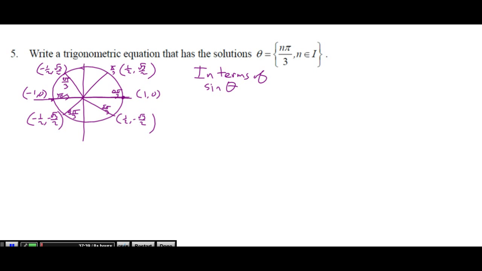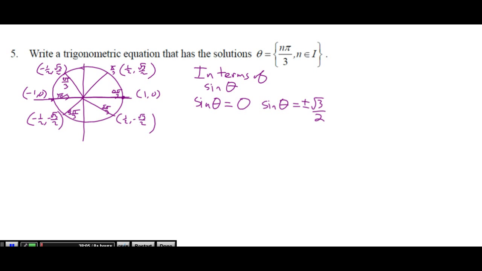We know that sine theta is equal to 0, or sine theta is equal to plus or minus root 3 over 2. Remember, sine theta is the y coordinate of the point on the unit circle.